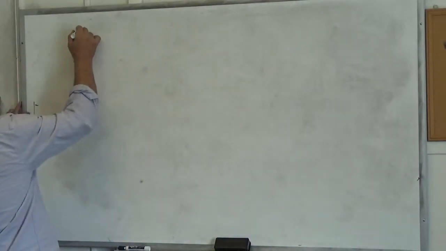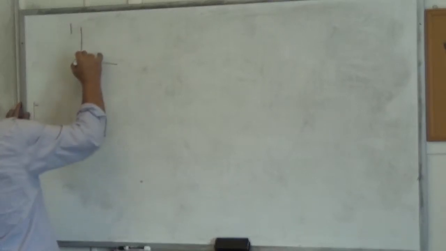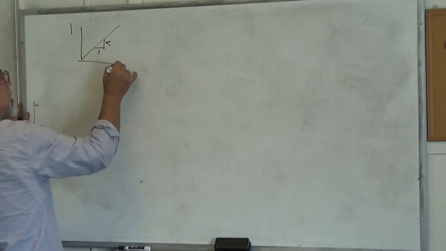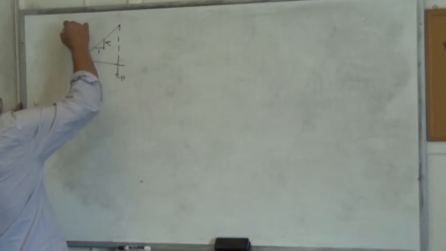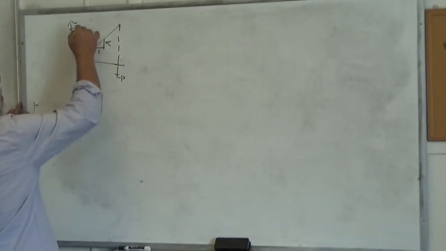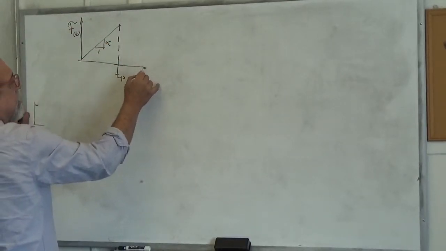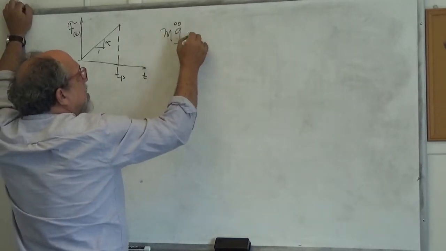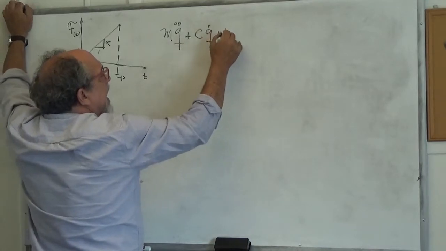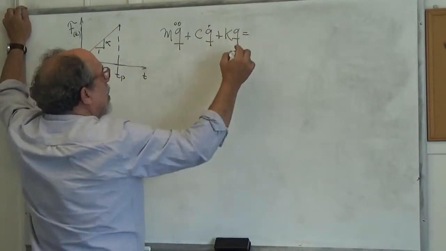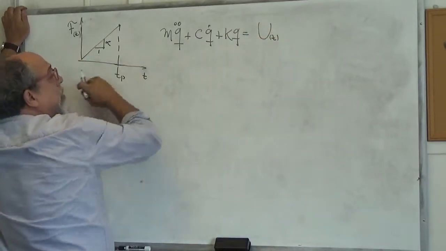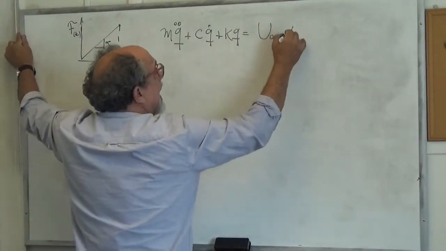So if we have that the load is of this form, it's going up alpha for every unit of time, it stops at Tp here. This is f of t or p of t, whatever we want to call it. This is t. So what we have is m q double dot plus c q dot plus k q is equal to u of t, because the load really doesn't go into the negative direction, times alpha t.